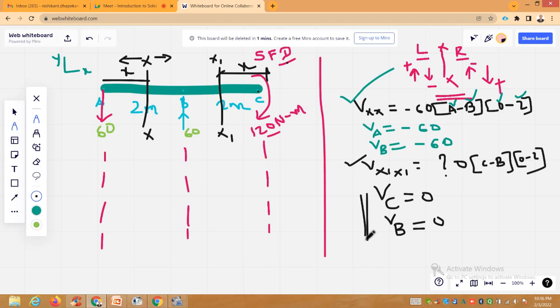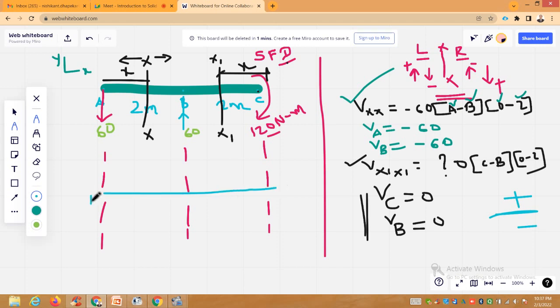So in this way you have determined the shear forces from these 2 master equations, and now it's time to plot. When we plot, my sign conventions are, I plot the positive values above this horizontal line and negative below this horizontal line.